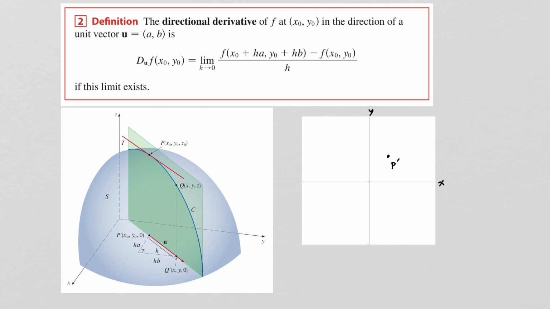And I want to look at the vector that goes from P prime to Q prime. Now Q prime is some other point in the xy plane, and when you plug those numbers into the function, you get the point Q. So Q prime is over here, let's say, and I'm looking at the vector P prime Q prime.